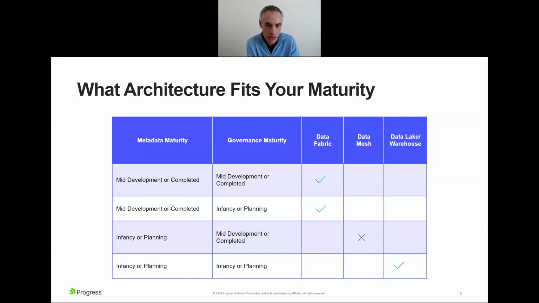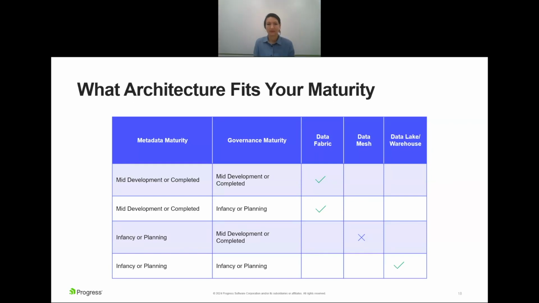The good thing is that you've got those mesh data products that you can then blend in. If you have neither, then you've got to maintain your data lake or data warehouse and work on gaining maturity in metadata and governance before you can really start. Otherwise, you're just going to take a lot of detours and ultimately produce something that's going to fail.